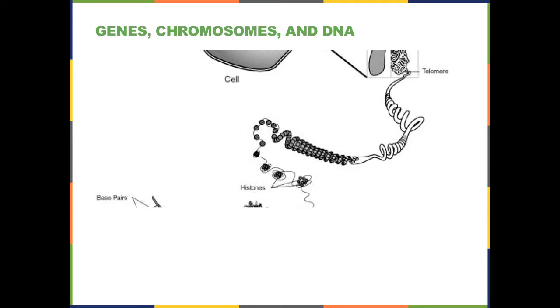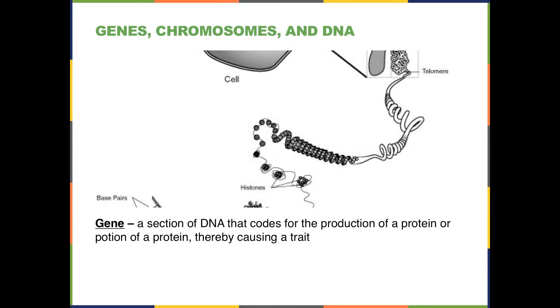So as we look at the genetic material, we have to define what a gene is. A gene is a section of DNA that codes for the production of a single protein, or sometimes more than one protein, or sometimes part of a protein. And this protein in some way influences a trait that we have.